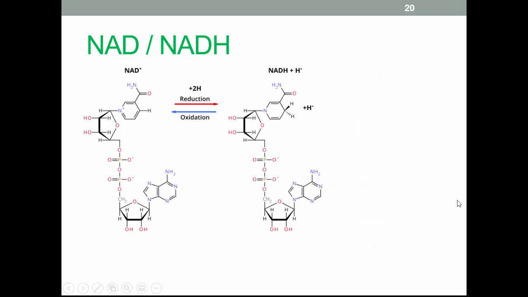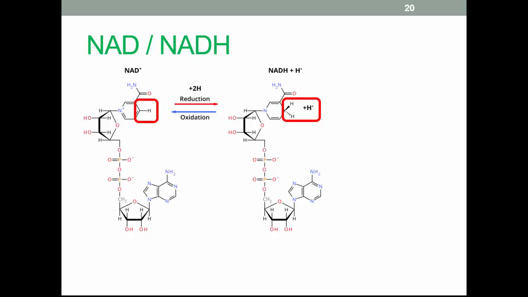The molecule exists in two forms, the oxidized form, which we call NAD+, and the reduced form, NADH. It's reduced because it's gained a hydrogen, basically. It all looks very complicated, but in essence the change in the molecule is the loss or gain of a hydrogen atom, and the hydrogen atom which is lost or gained is this one.